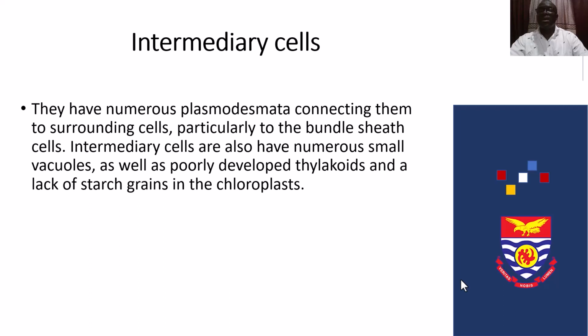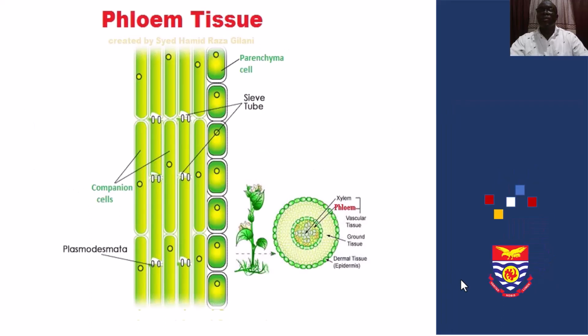Intermediary cells also have numerous small vacuoles, as well as poorly developed thylakoids and a lack of starch grains in the chloroplast. So you have a picture of that being shown.